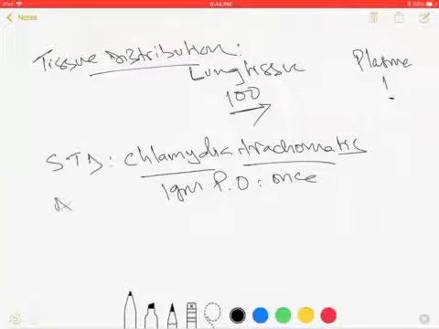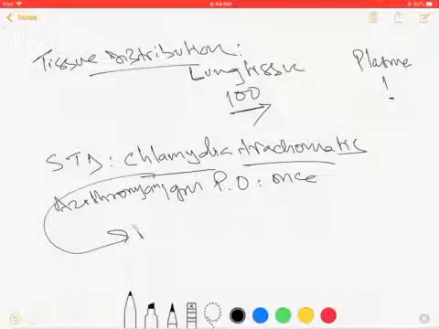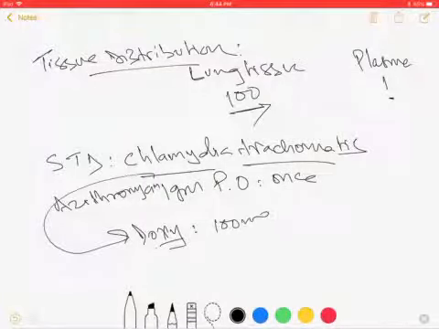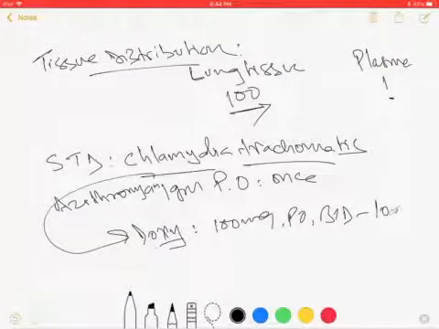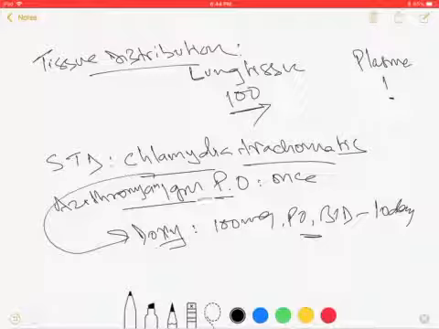Now, you can treat chlamydia with doxycycline, but that dosing is 100 milligrams PO BID for 10 days. So because here you have only one dose, one time, and the fact that it has a long half-life and will stay in your system for 10 days, we use azithromycin.